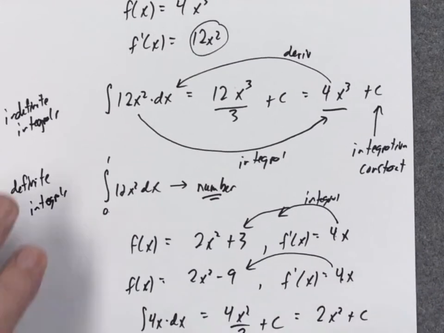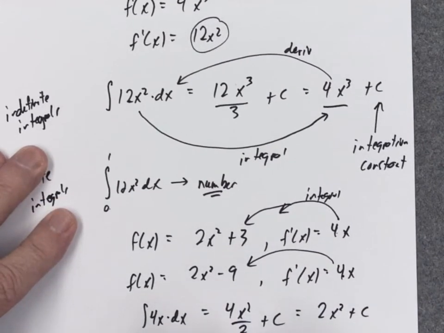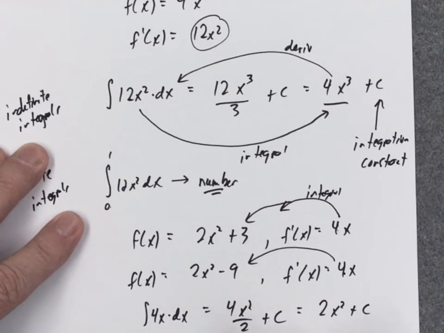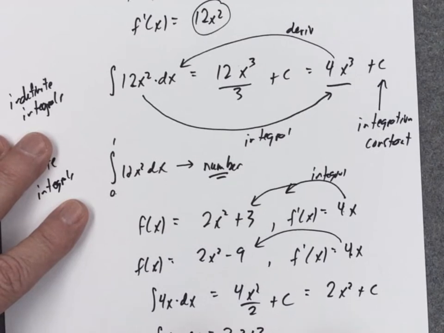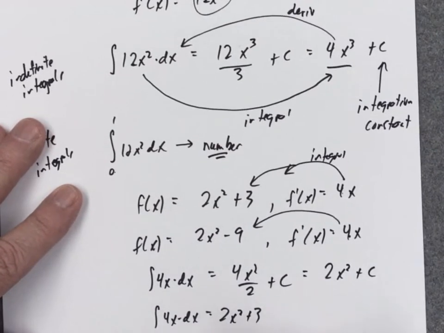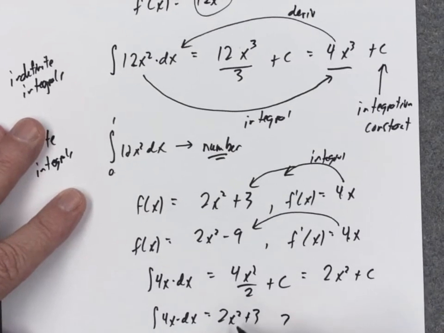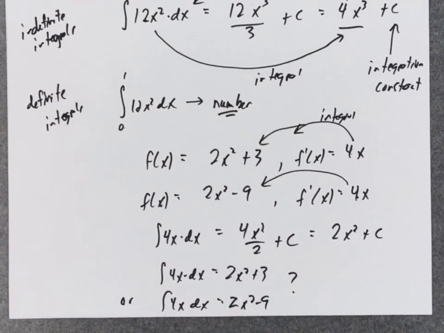So which should it be? Should it be the integral of 4x dx should be 2x squared plus 3? Or should it be the integral of 4x dx is 2x squared minus 9? Which one should it be?